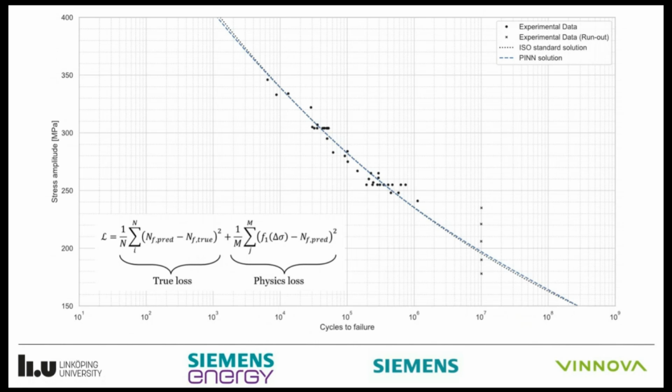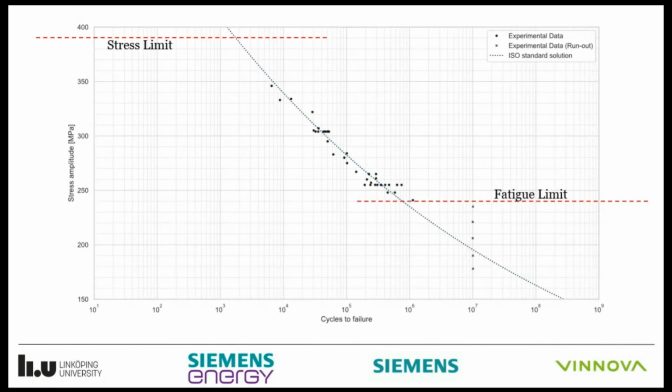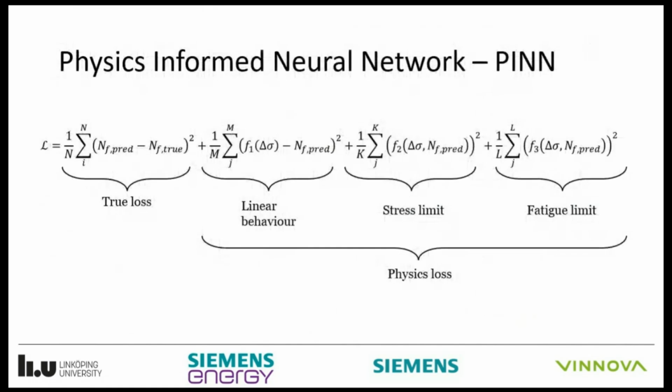But at the same time, we would like to capture these parts. So how do we do that? Well, we just basically incorporate it into the loss function again. So here we have a description of the behavior of our stress limit, and here the fatigue limit. This whole part is then described as a physical loss.